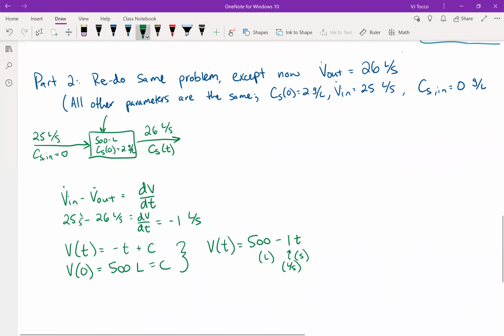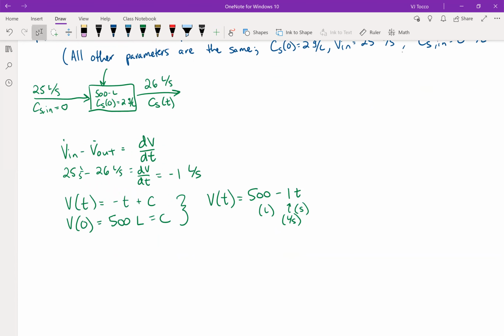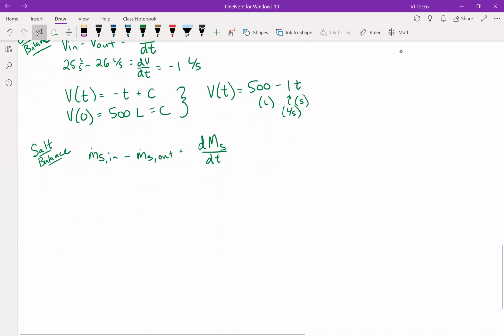All right, so that is going to enable me now, because I know that volume is not a constant, to go solve the salt material balance. And that's going to have the same procedure as what I just did, although it's going to become slightly more complicated. So M of salt in. Okay, substitute the terms. The mass of salt in is the volumetric flow rate in times the concentration of salt in, which is 0.